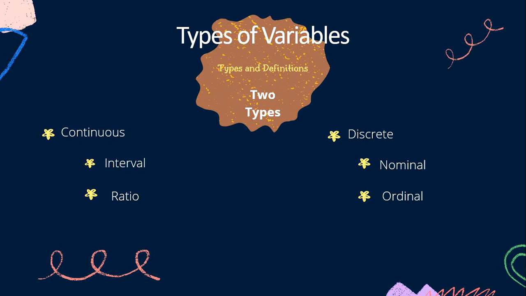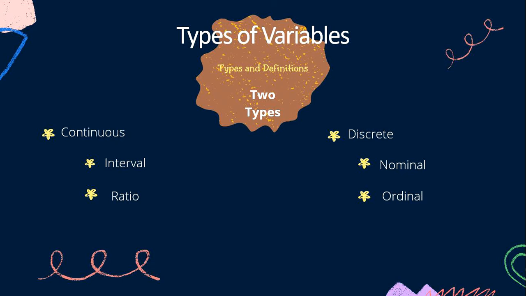Interval. There are equal intervals or differences of people's views or attitude. For example, the Likert scale, which will help you see the interval between the attitudes, the views of people towards a certain point of view. How about ratio?